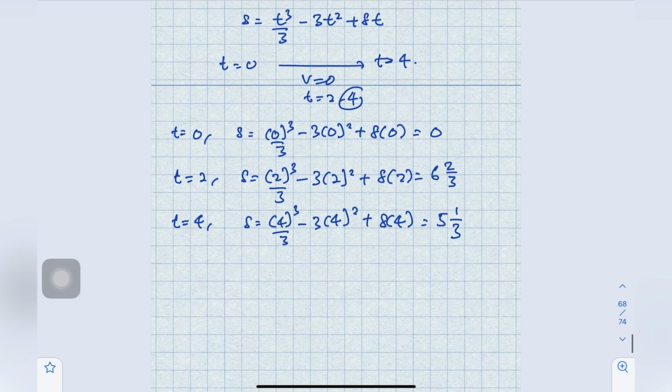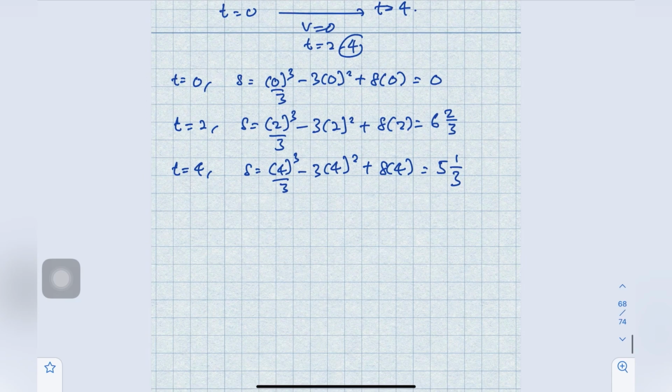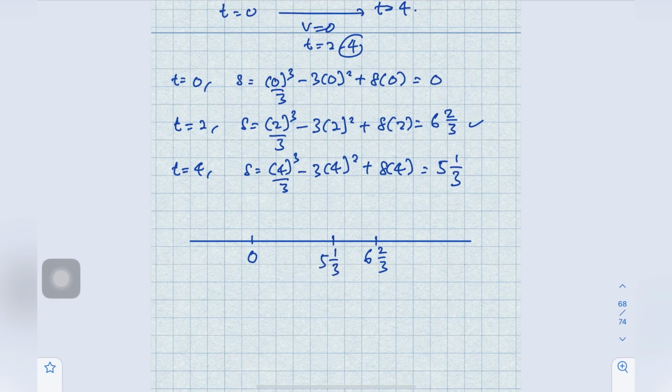Okay, so then we label it on the number line. So 0, then 6 2/3 positive, so 6 2/3 at the right. 5 1/3 is also positive, but a bit less, so 5 1/3 right here. So when t is 0, S is here.